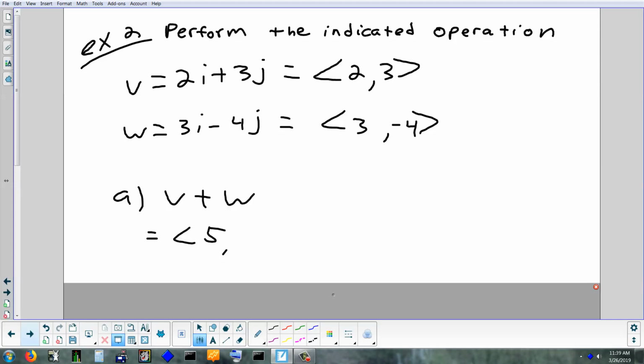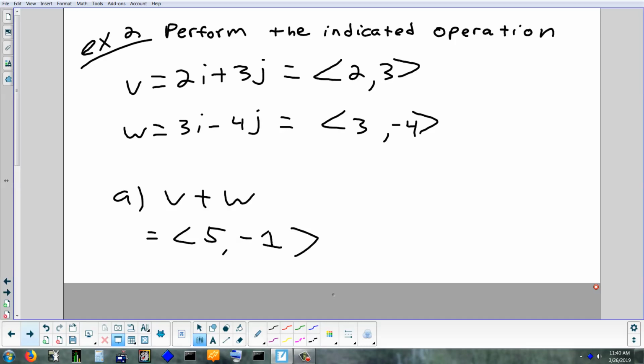So when you add these up, the horizontal is going to be 5. And Nick, how about the vertical? Yep, -1. Perfect. So you can write the answer like that.